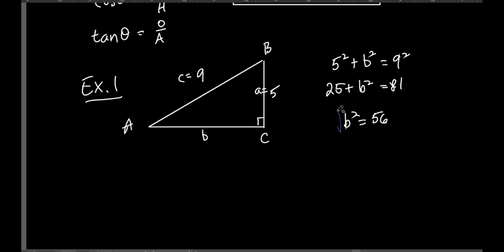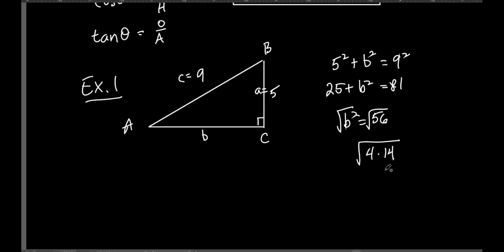Take the square root. You could keep it the square root of 56, but let's simplify it. 2 goes into this 28 times, and 2 goes into 28, 14 times. So that must mean 4 times 14. And then I can take the square root of that. Why did I pick this?